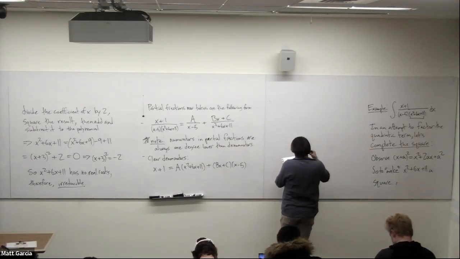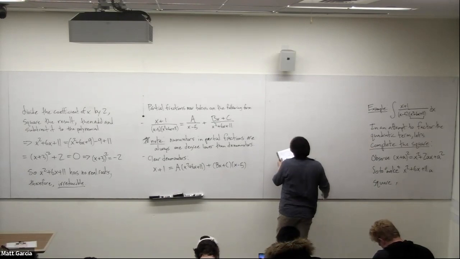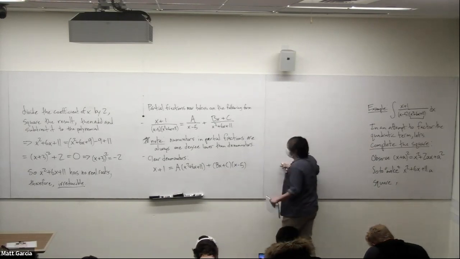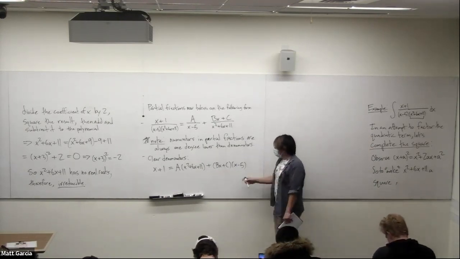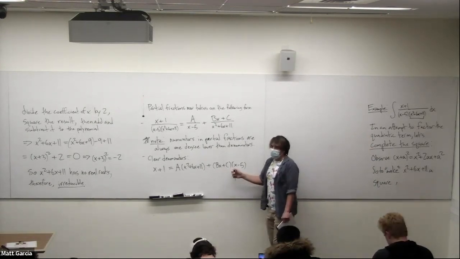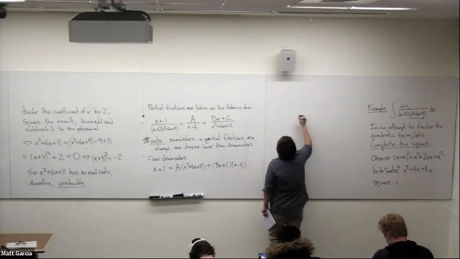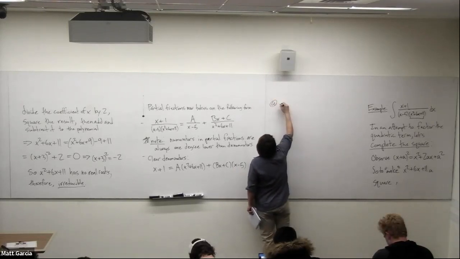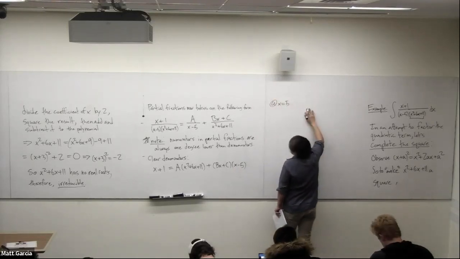So let's do the easy thing first. Let's see what happens at x equals 5. We'll cancel the linear unknown factor. At x equals 5, what do we get?